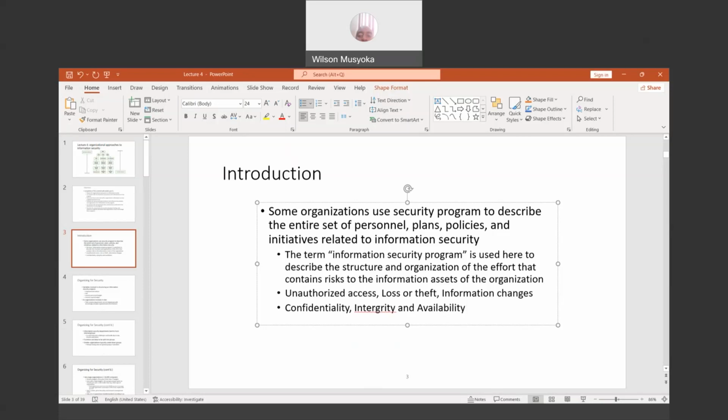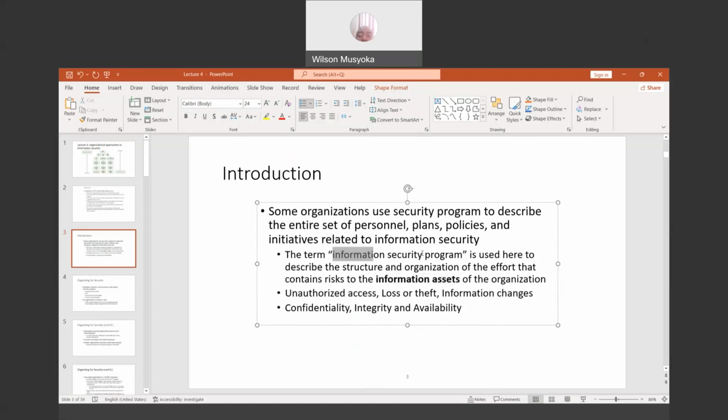So basically, these are the three things we are still looking at, and we want to ensure that they are going to be adhered to, because those are the main risks we normally look at when we are talking about information assets. And when we talk about information assets, what exactly do we mean?